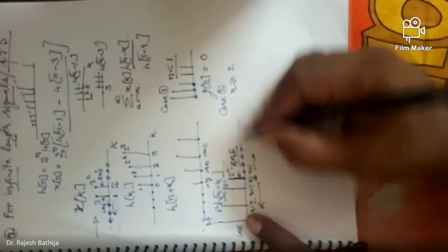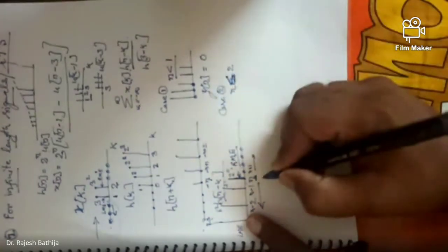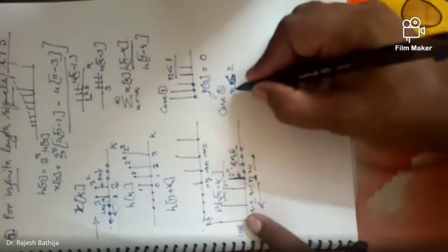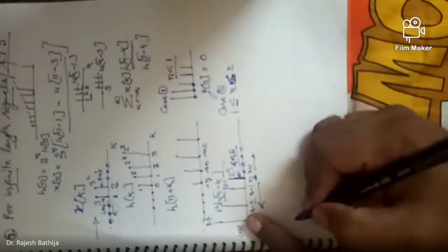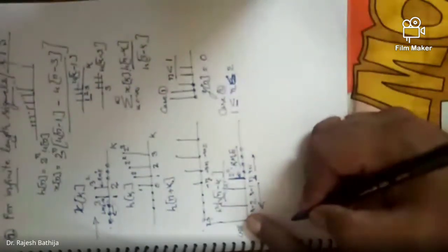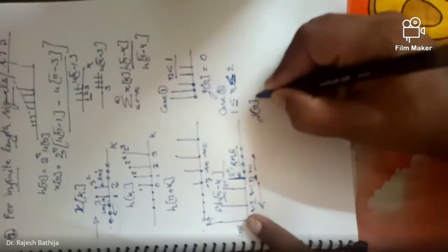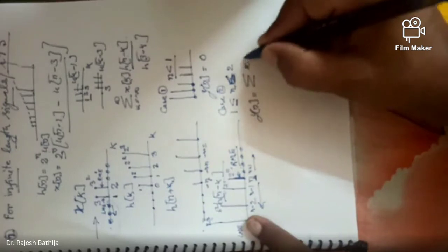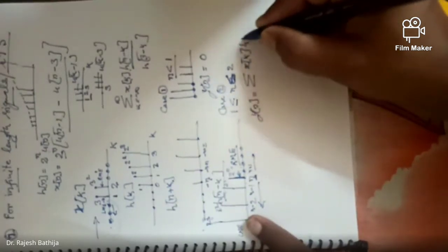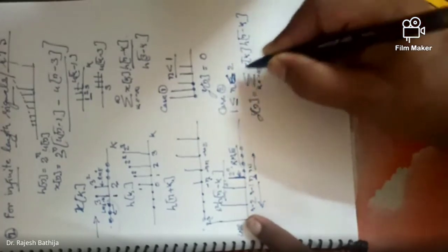N is not less than equal to 2, but simultaneously n is greater than equal to 1. Right? So in this case, what will happen? How do we calculate yn? Yn will be calculated as summation x of k, h of n minus k, k equal to minus infinity to infinity.